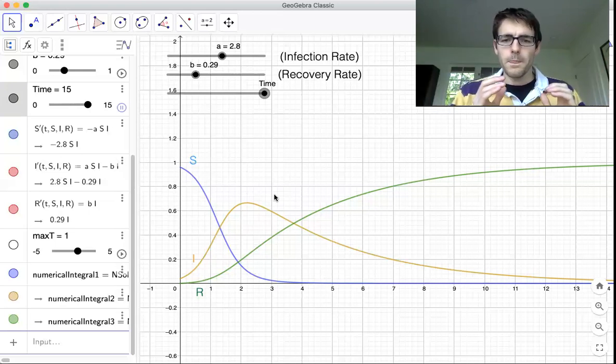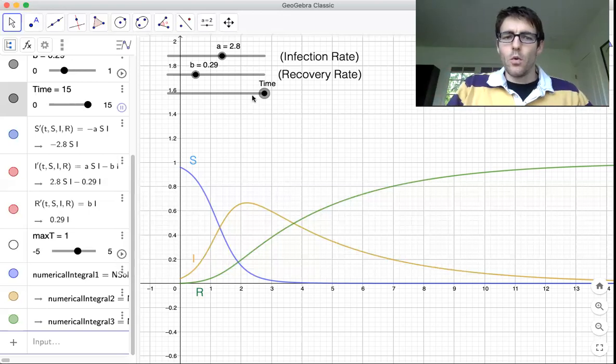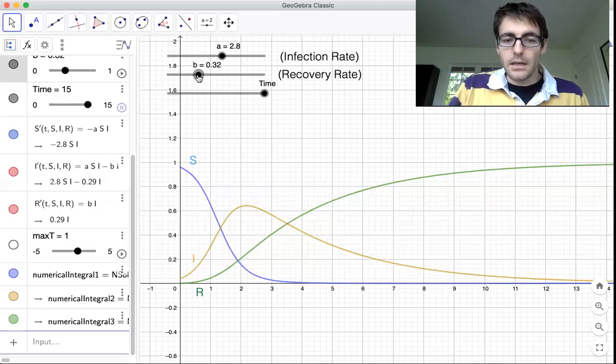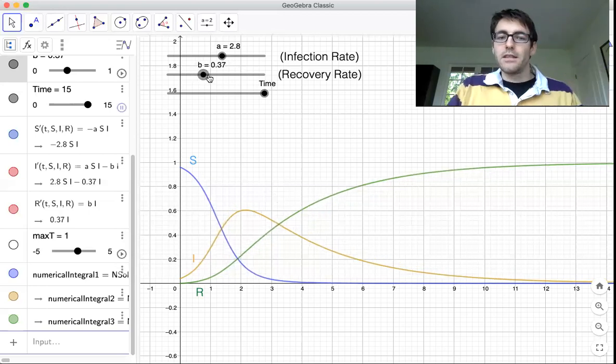I just wanted to point out what happens if we change some of the parameters. A is the infection rate, but let's do the recovery rate first. B is how quickly people are recovering. We can see how that changes what these various curves are doing. If we increase B, we notice that this green curve is increasing faster.